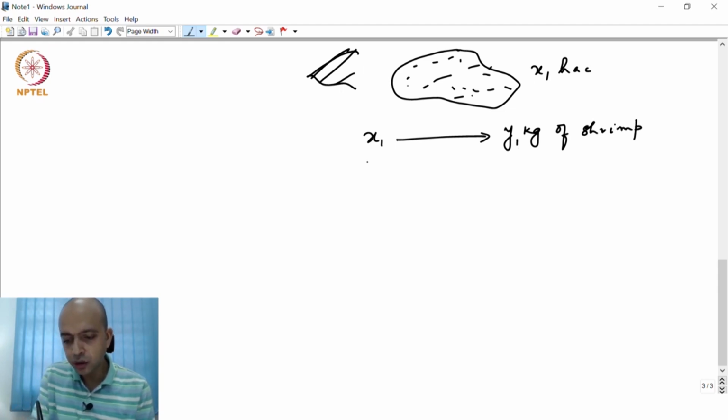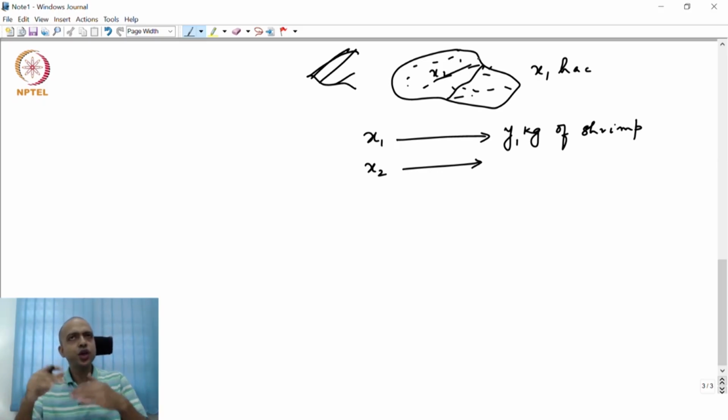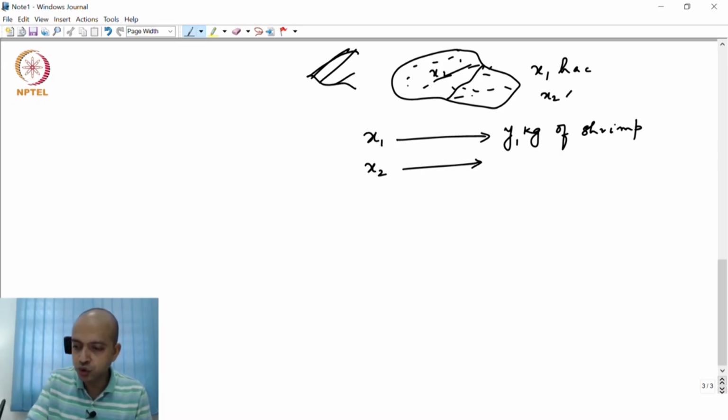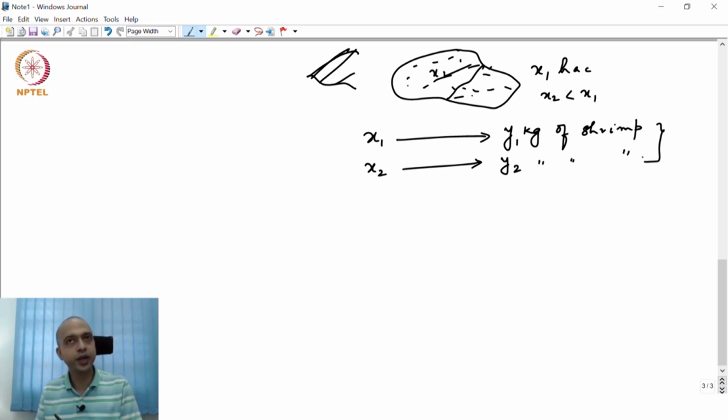When the size got reduced to x2, why has this been reduced? Because maybe we have used the wetland for some other purposes. Wetlands might be converted for other developmental activities. Here we assume x2 is less than x1, and we produce y2 kg of shrimp, right?